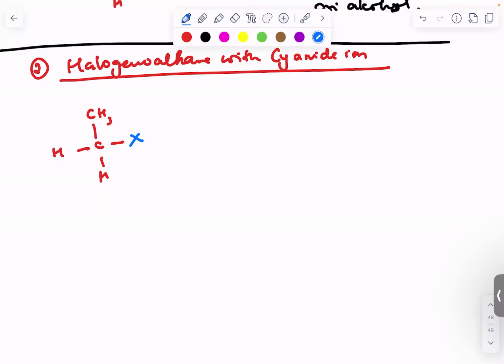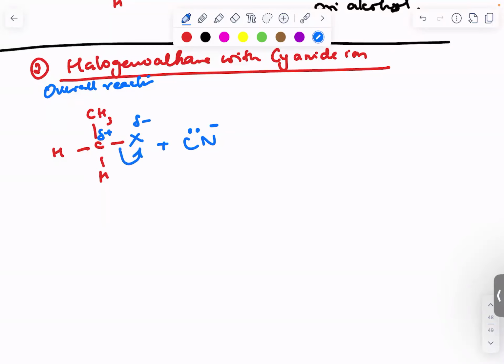Now I'm doing the mechanism, right? So first of all, the overall reaction, I'll write overall reaction here. So according to the overall reaction, it is going to react with cyanide. I'll put a lone pair here, negative charge here, and then this would be partial positive, partial negative.